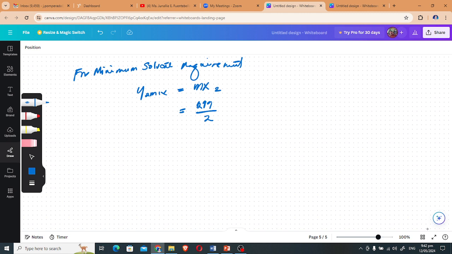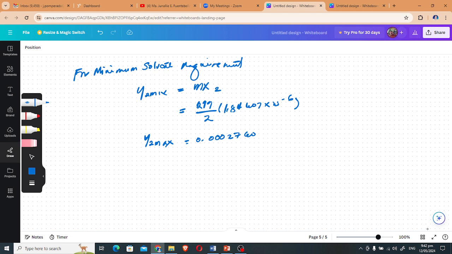So 299 divided by 2, and we make use of the x2, which is 1.84607 times 10 raised to negative 6. So you'll get a y2 maximum value of 3 zeros, and then 22760.